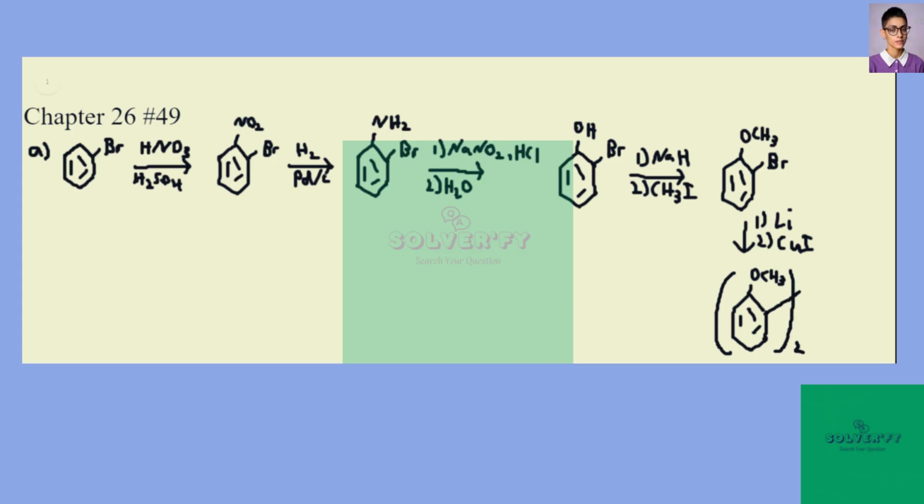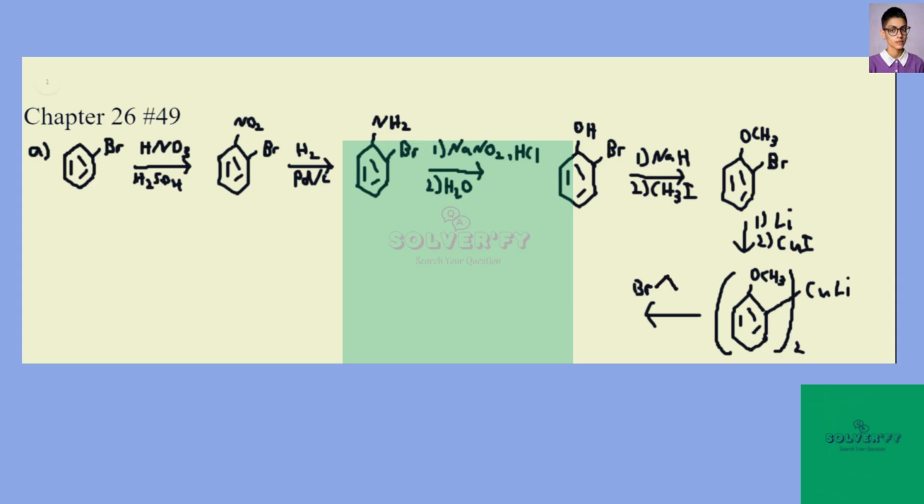So there'll be 2 of these on a copper lithium center. And now we just need to add the rest of the molecule as the alkyl halide. And so the rest of the molecule looks like this.